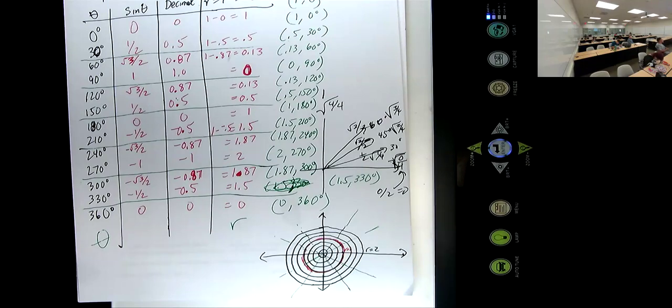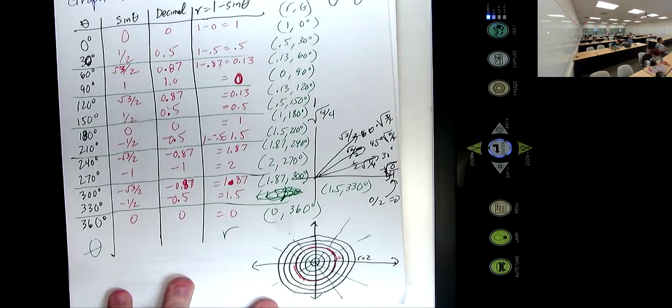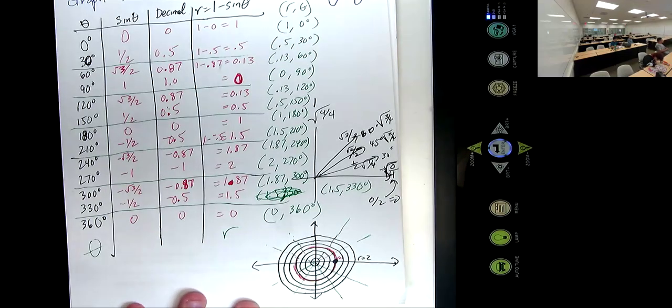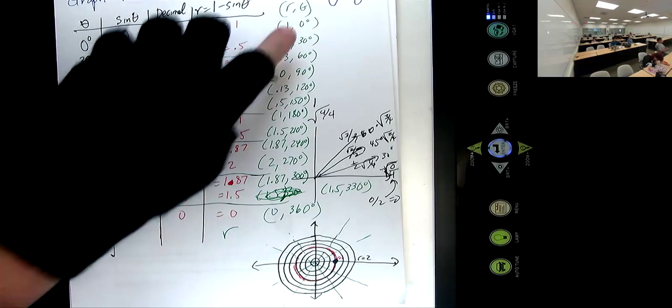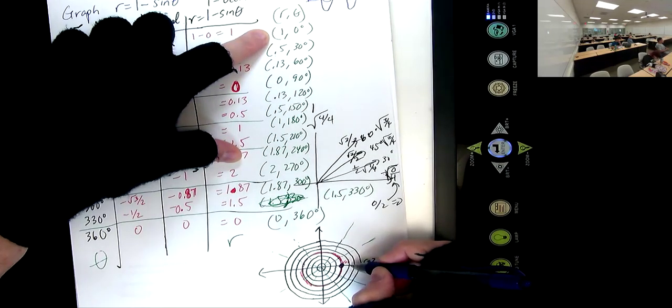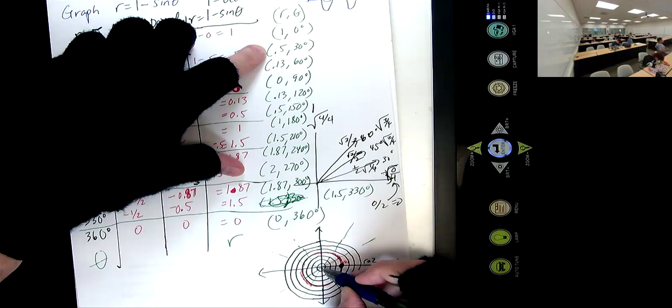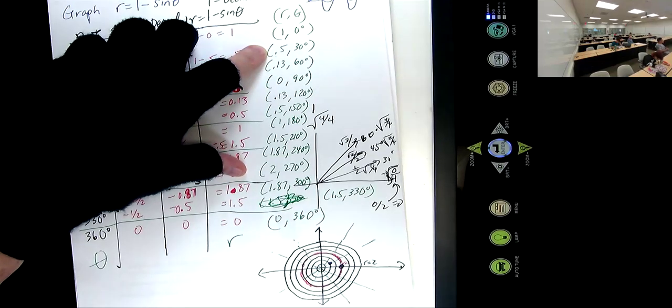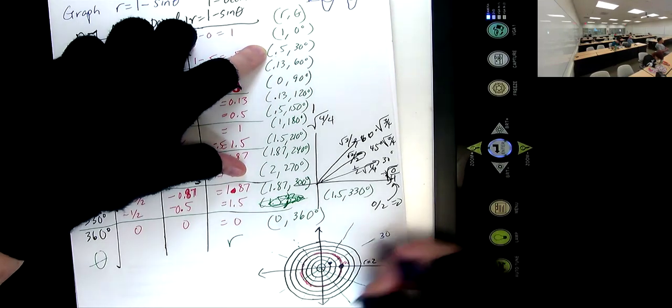Then you just gotta plot each point one at a time. 1, 0 goes at outer radius 1 and no degrees, it drops the value there. So this is our first point up here, 1, 0. Then if I go out only 2 circles, 0.5, at 30 degrees, I've got a point right here. That's my 30-degree mark.